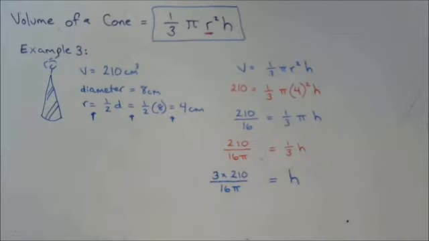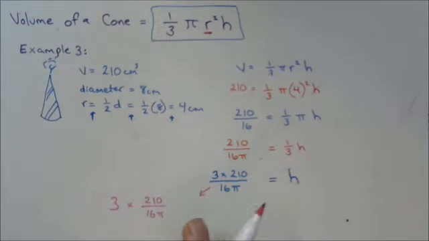Now, just so that we are wowed and amazed by the order and coolness of math, you could have also just taken this 210 over 16 pi and multiplied that whole thing by 3. This is the exact same statement as this one, okay? Now, this is pretty straightforward.